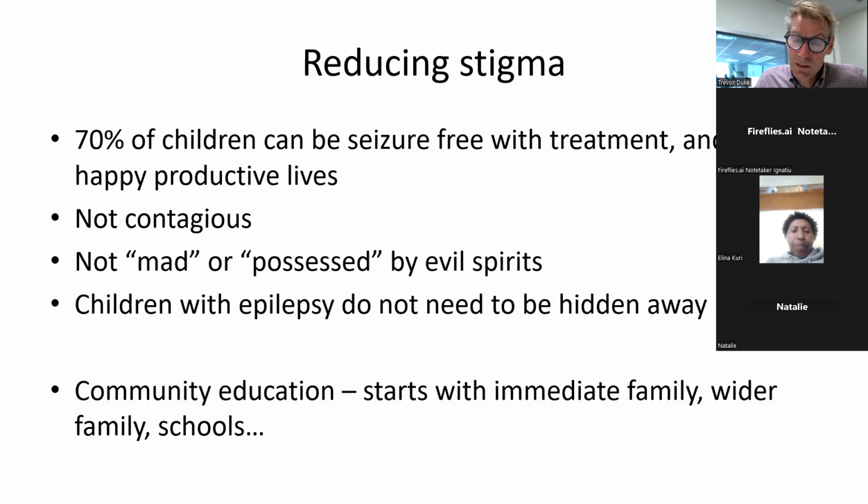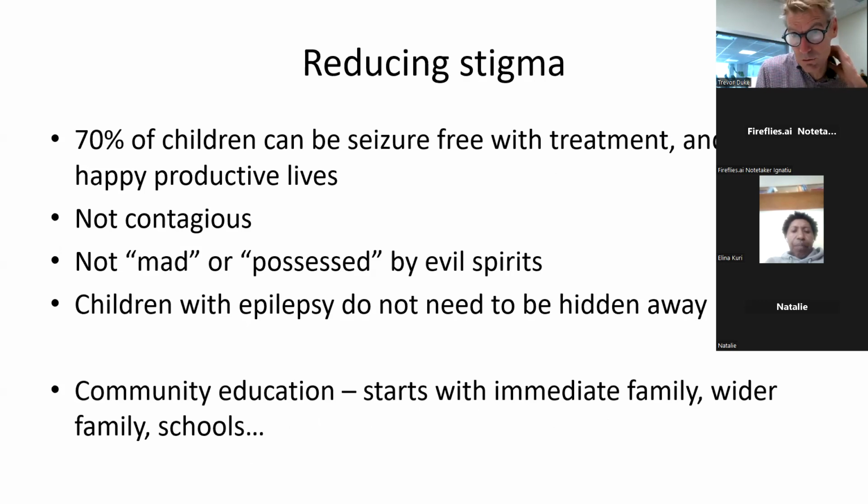Now, like I said, it's important to have a positive view of epilepsy, that 70% of children can be seizure-free with treatment and live happy and productive lives. And there's a lot of stigmas around epilepsy, so that people might think it's contagious, or they're possessed by evil spirits, or they need to hide their child away and not have them socially interacting with other children.